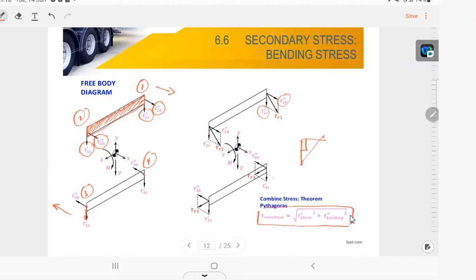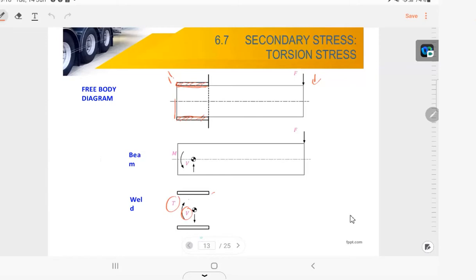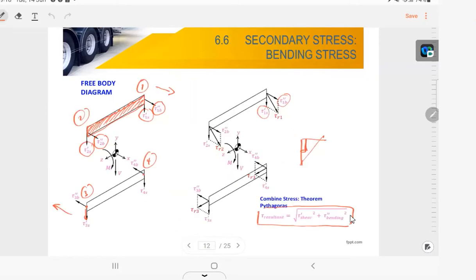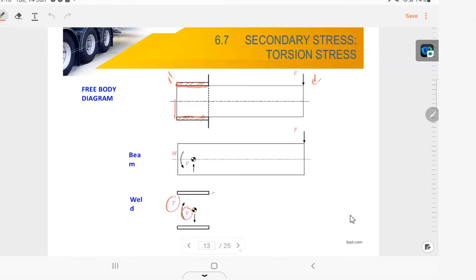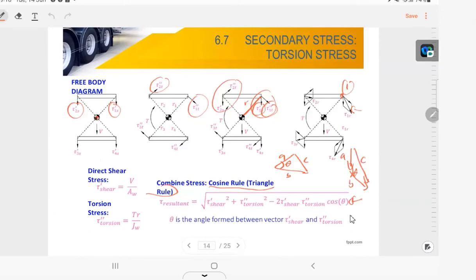Okay, but if it's not 90 degrees, even for 90 degrees also you could use the cosine rules. Okay, but this is quite easy. But for the not 90 degrees, for the torsion, you have to use the cosine rule, triangle. So basically, you need to combine two types of stresses at one point.